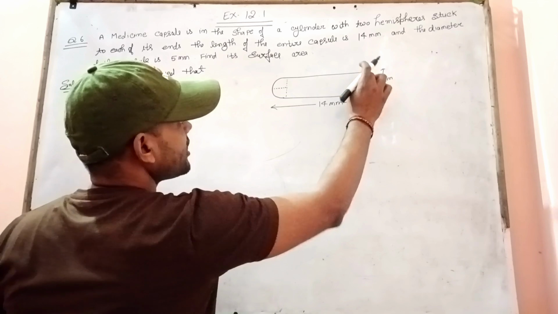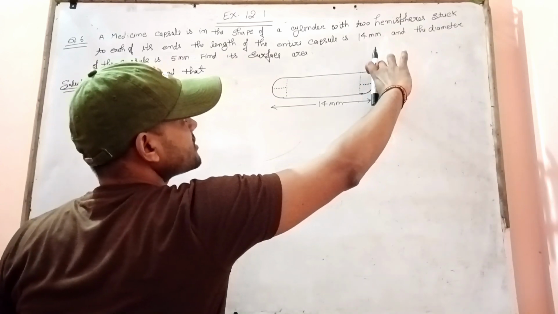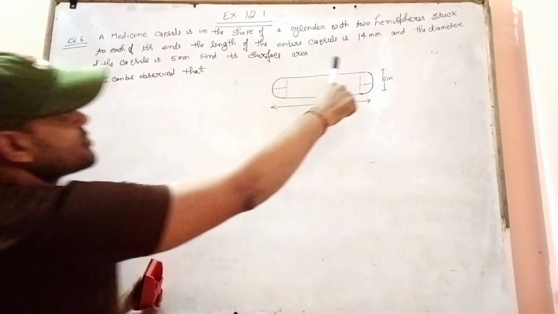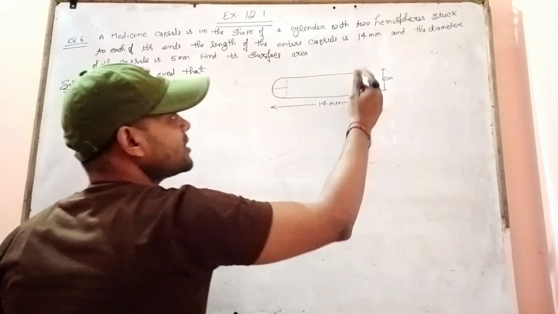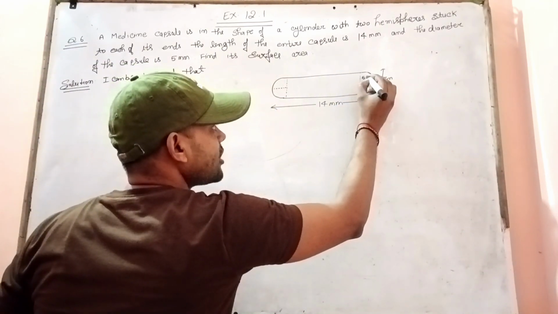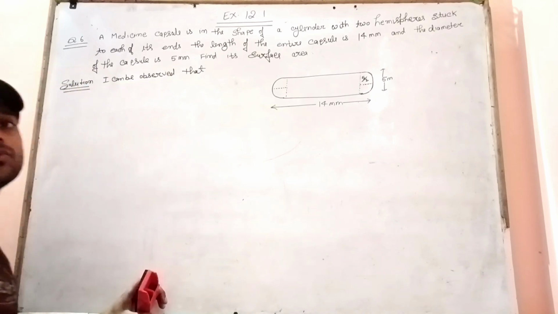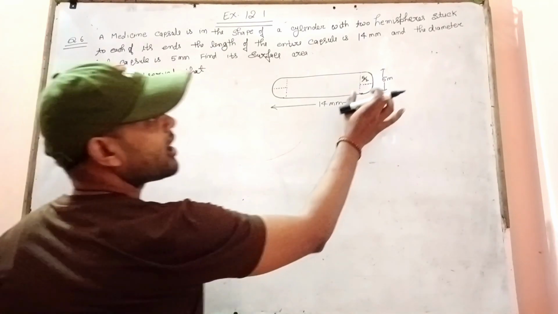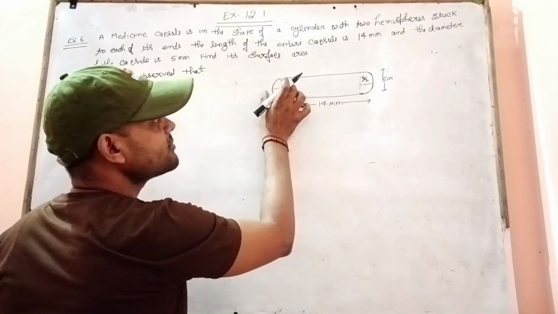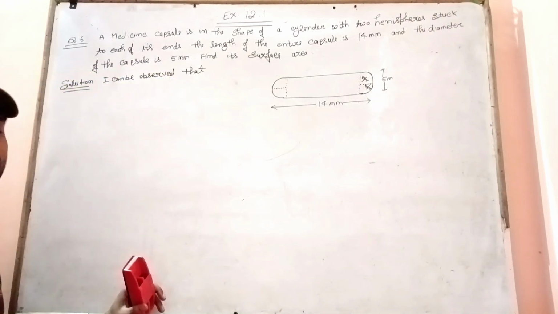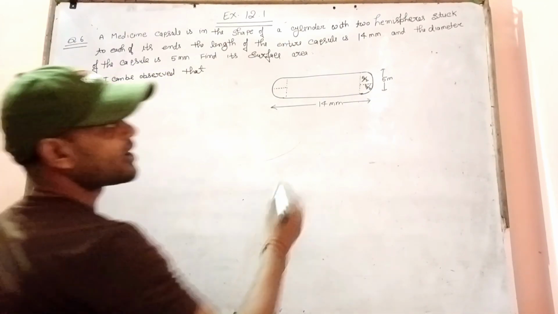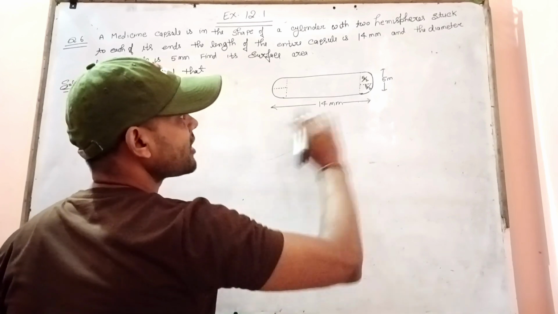The diameter of the capsule is given in the question as 5 mm. So the radius of the capsule, or radius of the hemisphere, is 5/2, and the height of the hemisphere is 5/2.